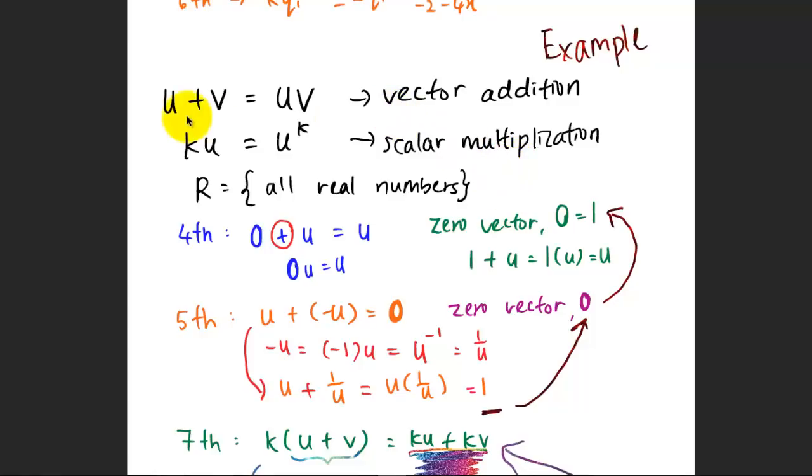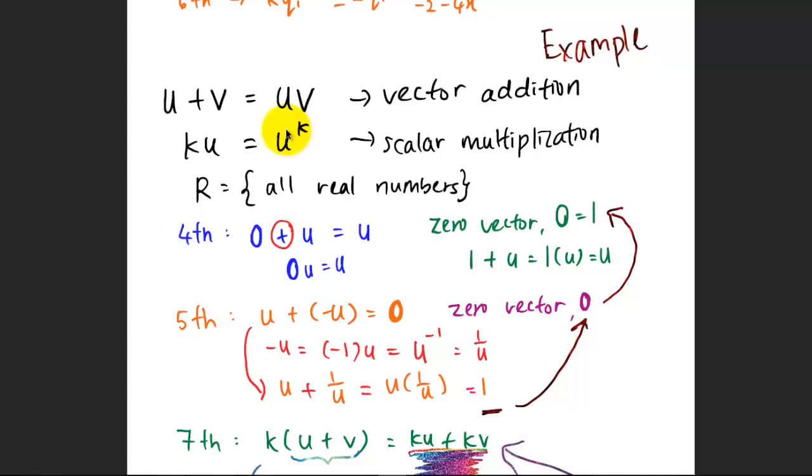Let's just imagine that in another space, the addition of the members will give you the final product, which is actually a multiplication, and the scalar multiplication of a vector or a member with a scalar will give you a raised to the power of that particular scalar.